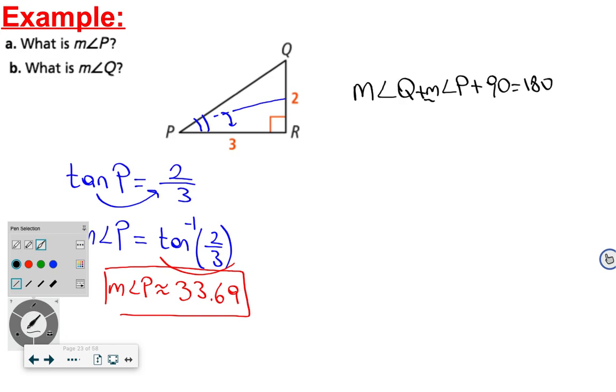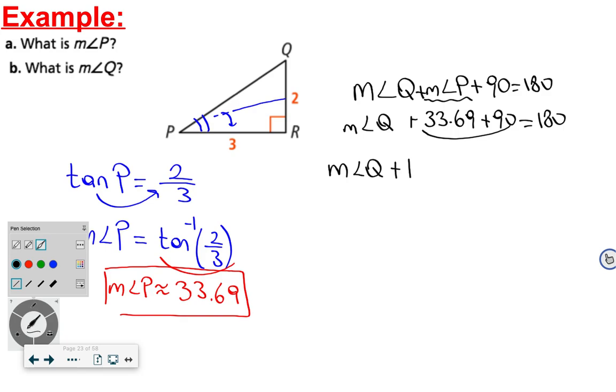We already found the measure of angle P, which is 33.69, plus 90 plus measure of angle Q is equal to 180. If you combine this, you will get measure of angle Q plus 123.69 is equal to 180.